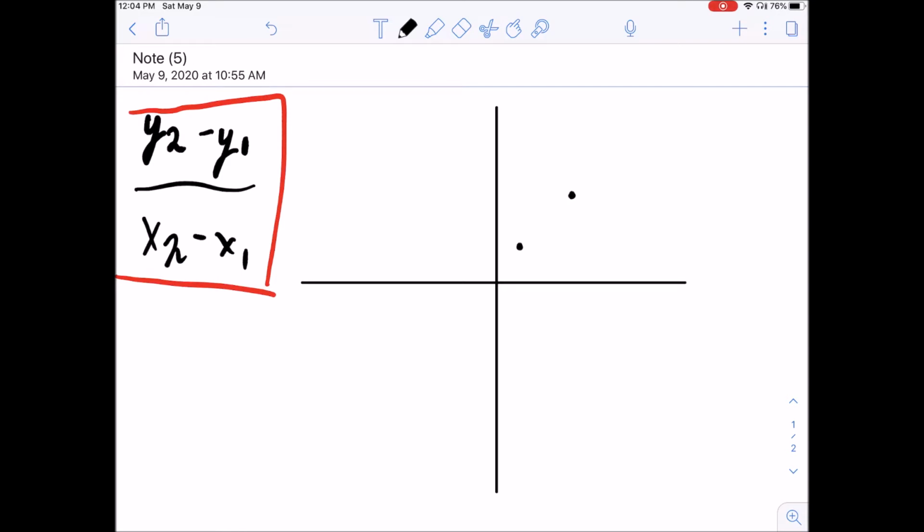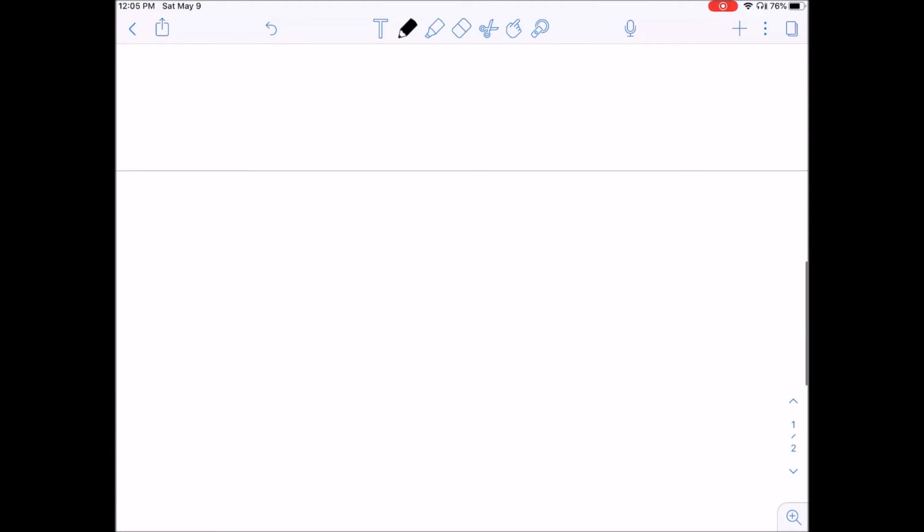Slope is the incline or decline of the line between these two points here. So if we put a line through both of these points, we should get that kind of line there.